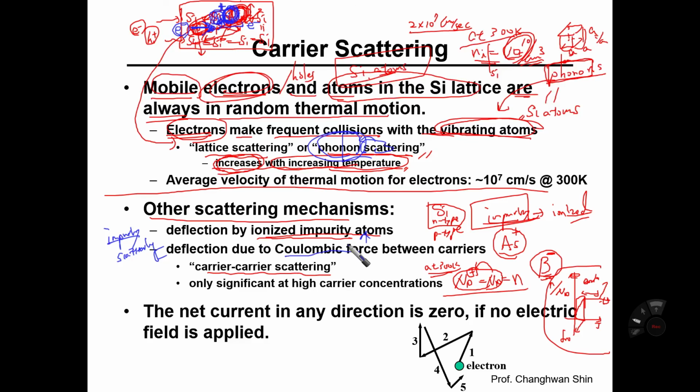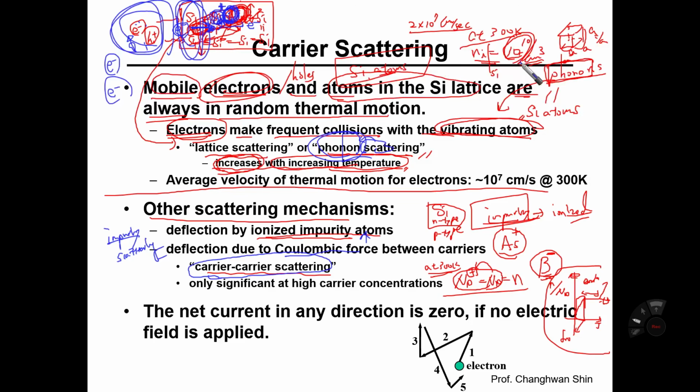The last scattering mechanism is described here: carrier to carrier scattering. We always talked about the collision between carriers and the silicon atoms, but we have missed the scattering event between these carriers, electrons and electrons.